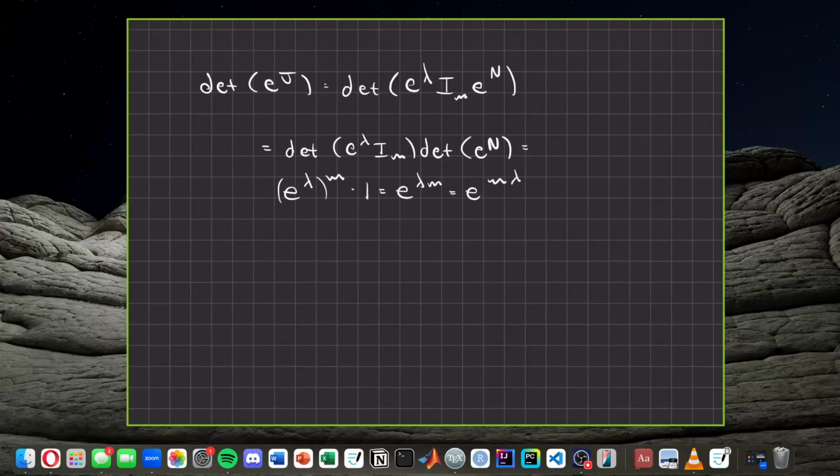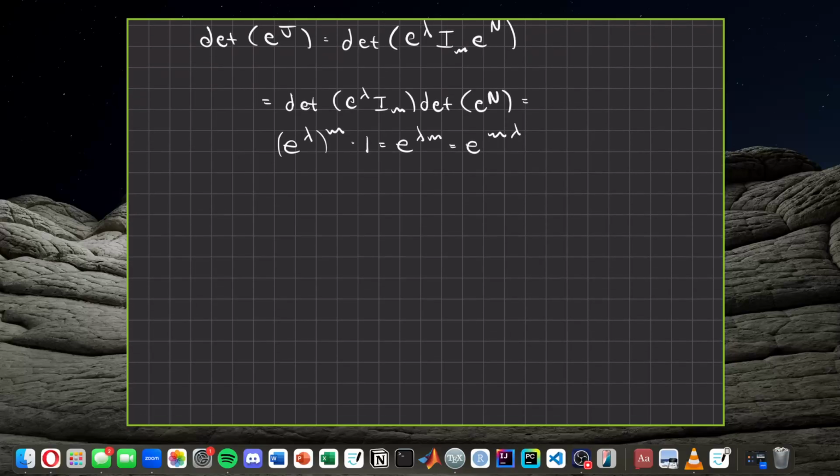Now, the trace of a matrix is defined as the sum of its diagonal elements, generally speaking. Since J is upper triangular, its trace is just the sum of its diagonal elements, which are the eigenvalues, scaled by the size m of the matrix.